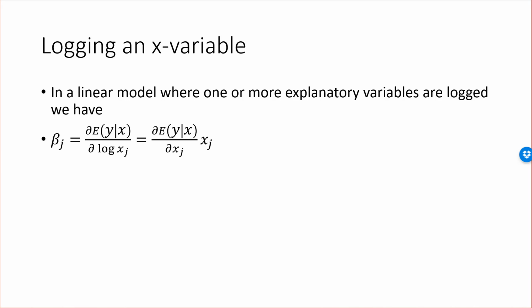If we look at the second result first, it is the partial derivative of the expected value of y given x with respect to the jth variable, multiplied by the jth variable. That's the interpretation for those x variables that are logged. And remember, if x increases by 1%, then the expected value of y increases by approximately beta divided by 100.